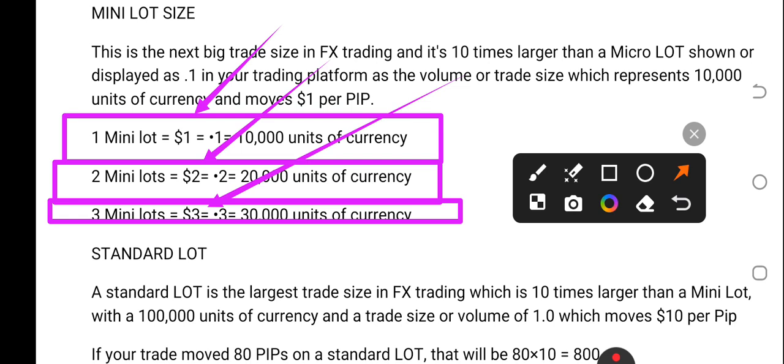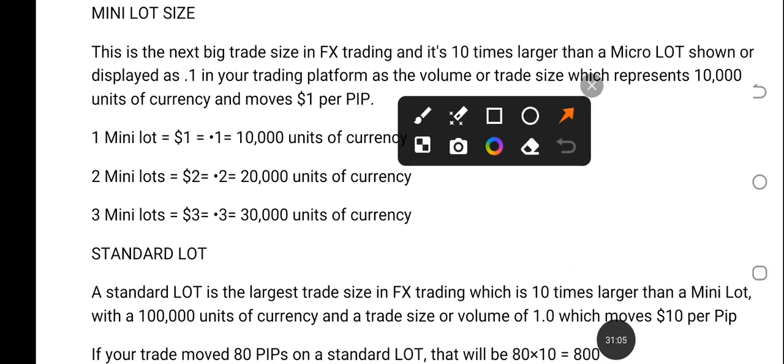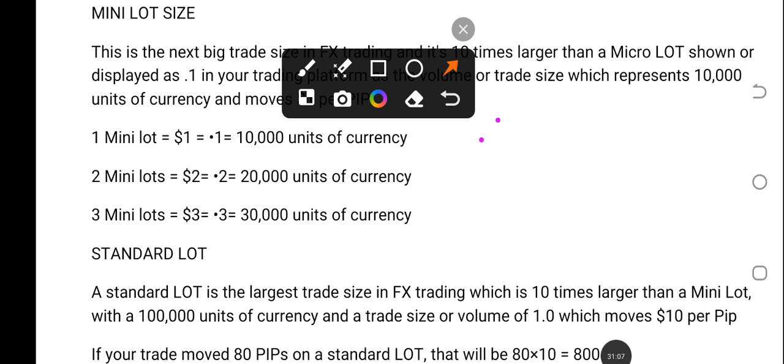So instead of point 1, you are going to put point 2 if you want to trade two mini lots. If you want to trade three mini lots, it's going to be point 3. So the higher the lot size, the higher the profit you'll be making.